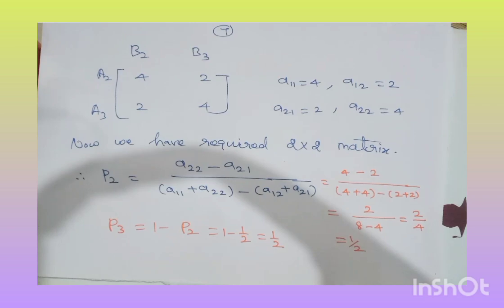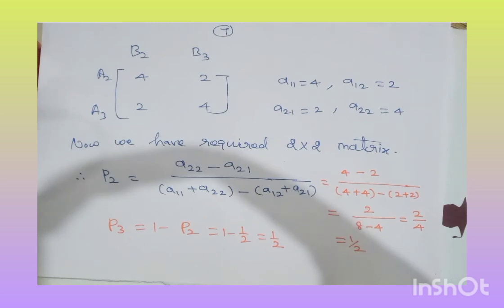Go to the formula. We are going to calculate the strategies for A and B, and similarly the value of the game. These are the three things. For strategy, go to the row side. A2 is available, so the respective strategy is P2. P2 is equal to A22 minus A21 divided by A11 plus A22 minus A12 plus A21. Just substitute the values, we got 1 by 2. Another row is A3, so the other strategy is P3, which is 1 minus P2, equal to 1 by 2.